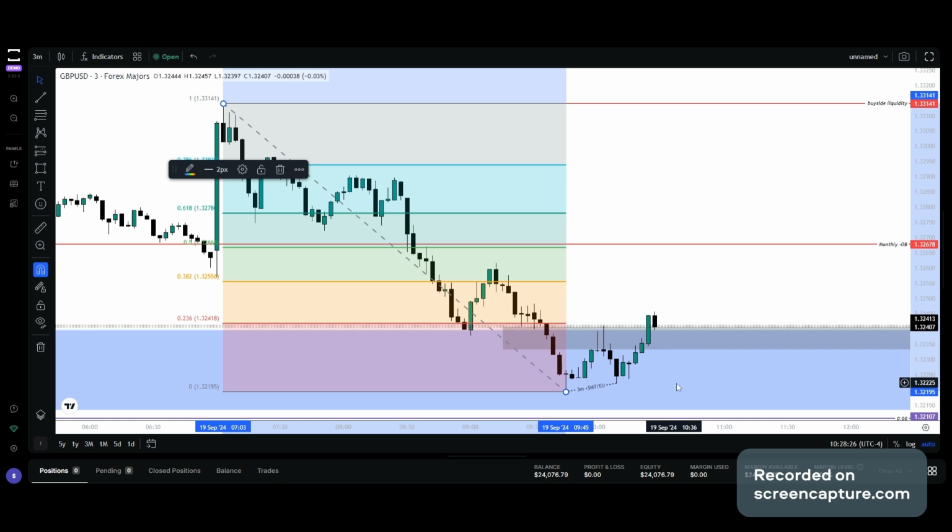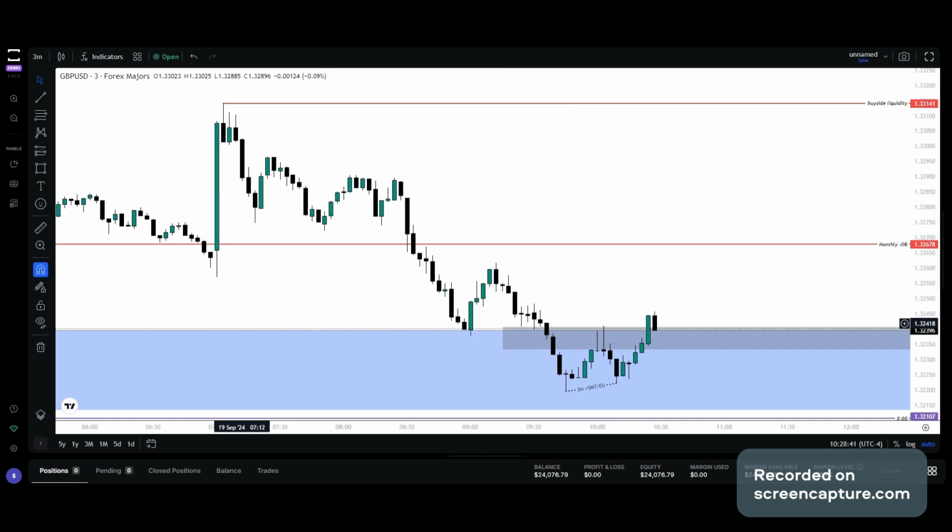So that's something to think about when maybe partialing out, which I probably won't do. I mean, I want to get a full pull. If I don't get a full pull, then I just won't keep it. I'm going to go for a 1 to 2 and just let it ride out.